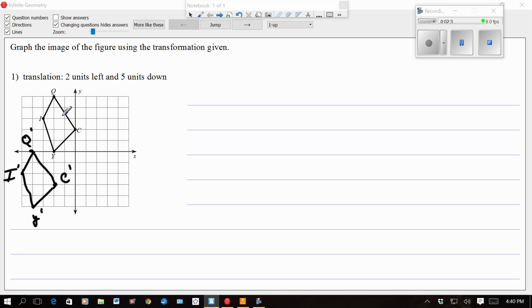Now, some terminology. Again, we moved it, we translated it. So when you do translations, you're moving either left or right, up or down. And what we call this image here is called the pre-image. This is important. We want to call this guy the pre-image. The image that you make is called the image.